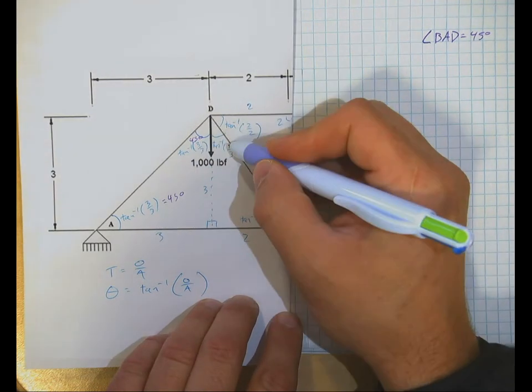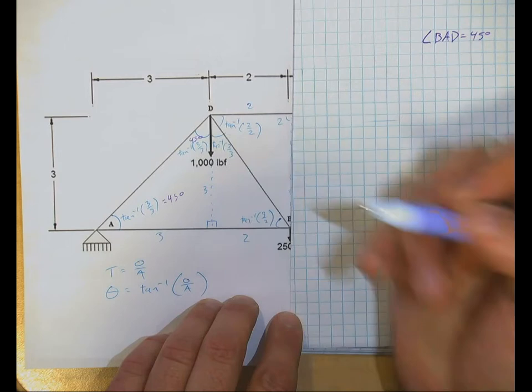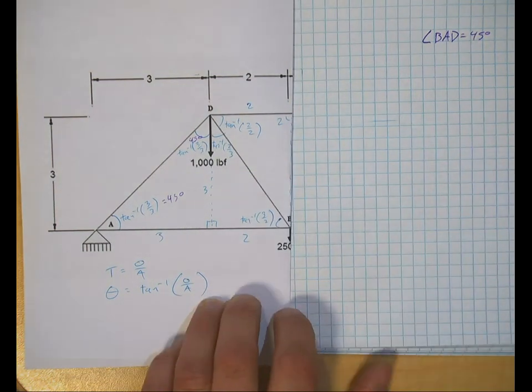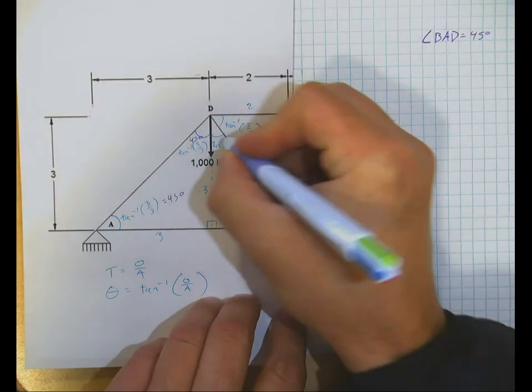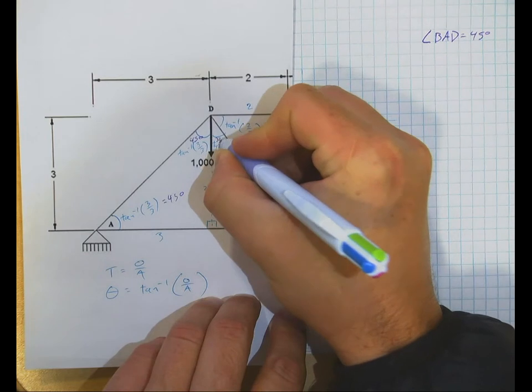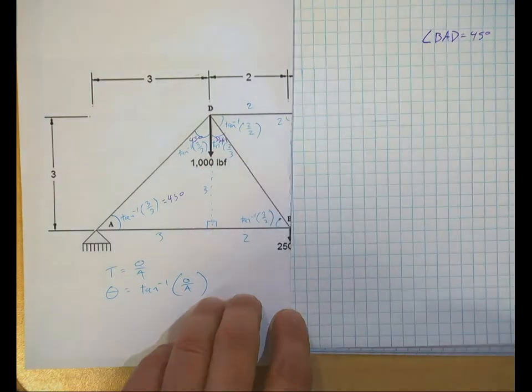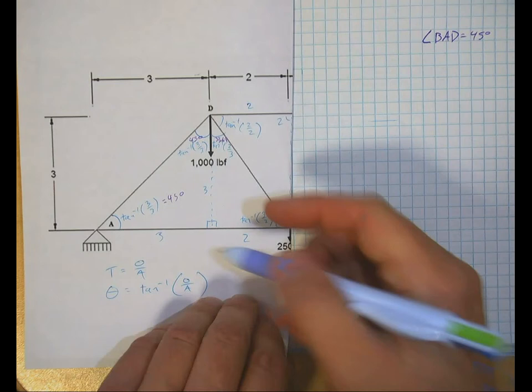And then we know that this angle here is going to be inverse tangent of 2/3. So that's 33.69. And we're going to call this point right here.